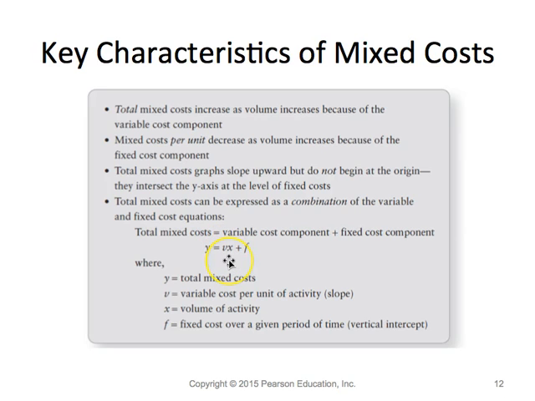The V here is $5. So 5 times 10,000 would be $50,000. But the fixed cost is still $1,000. So it'll be $50,000 plus $1,000, $51,000. And so now the total mixed cost will be $51,000.